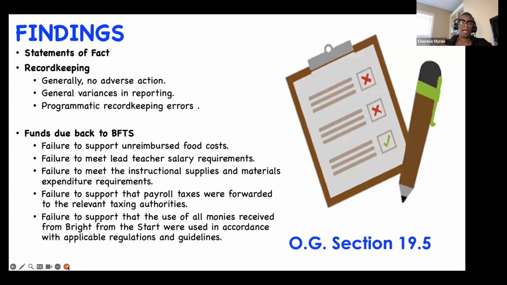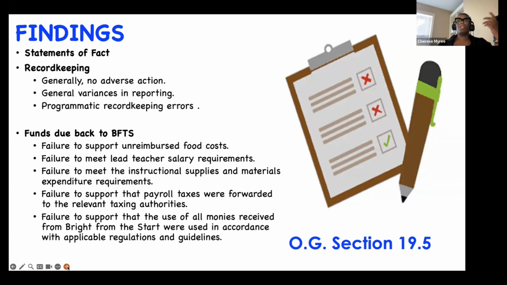But you have to keep in mind that those business rules must be met. Make sure you are very diligent in tracking what you're reporting on each line and that you can support it.